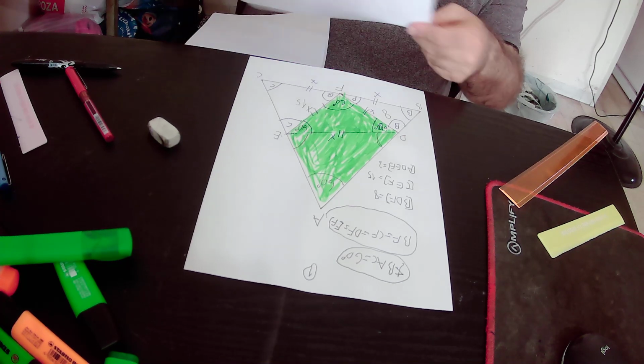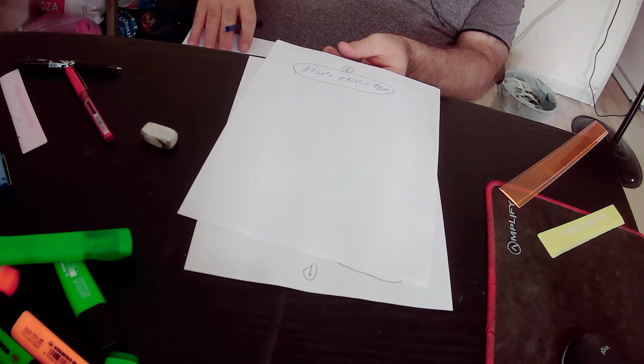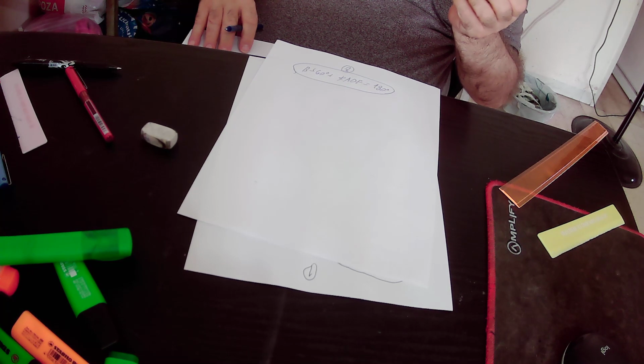Therefore, angle B plus 60 degrees plus angle ADE must be equal to 180 degrees, again according to rule number 3.